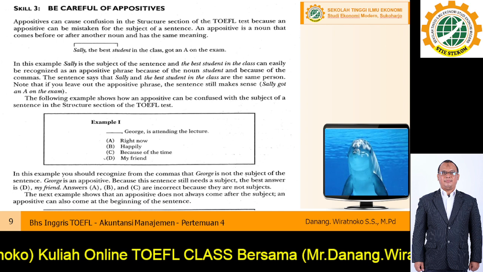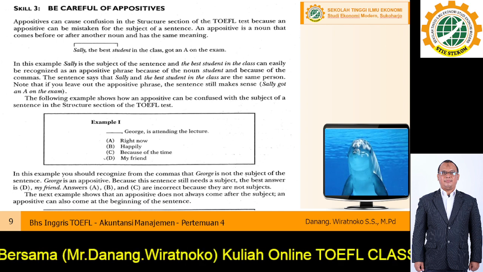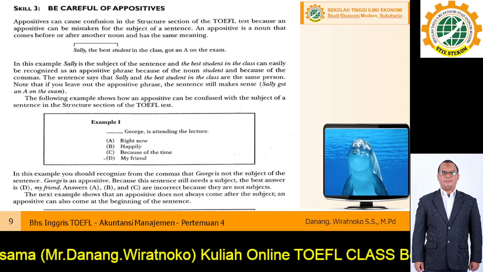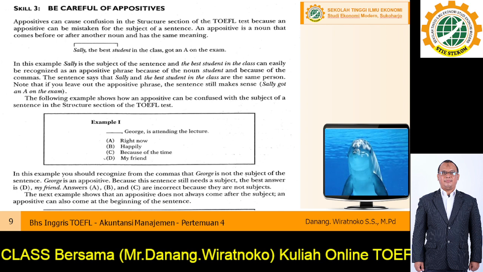The best answer is D. My friend George, comma. Answer A, my friend. Okay, so the best answer is D. Answers A and B and C are incorrect because they are not subjects. A, B, C itu salah karena mereka itu bukan subject.